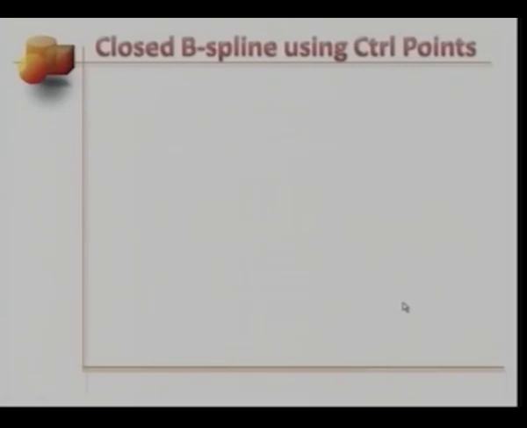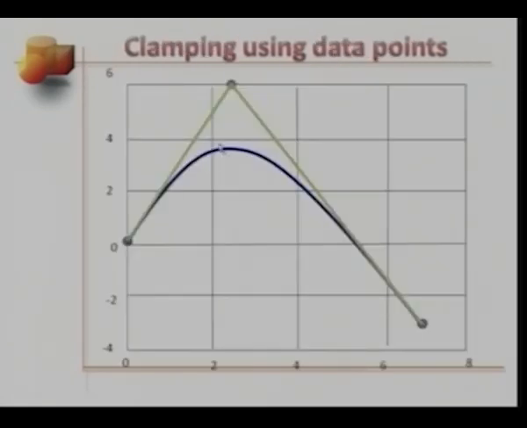How about designing closed B-spline curves using control points? So far we have been working with open curve shapes, in that these curve shapes were not forming loops. Now let's design B-spline curves to form the desired loops.